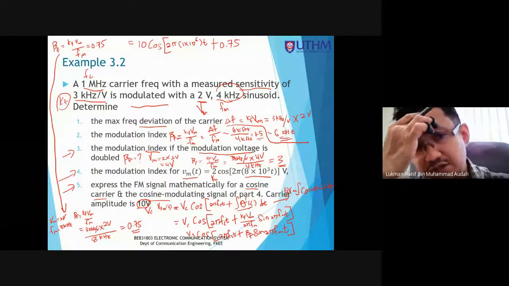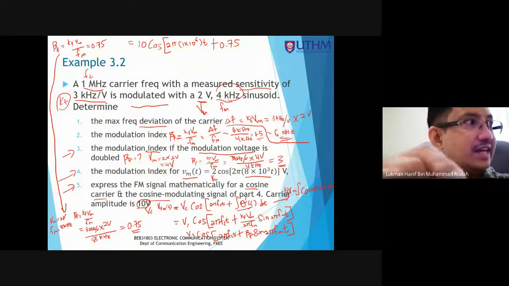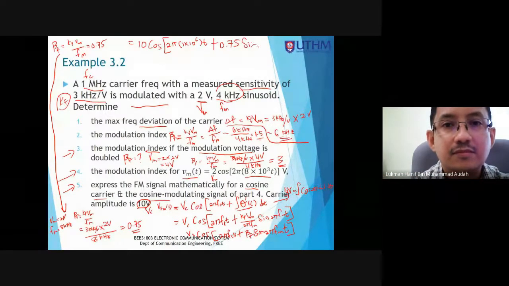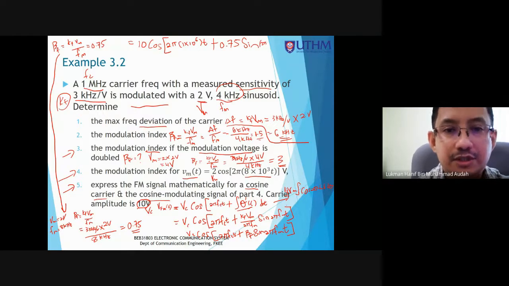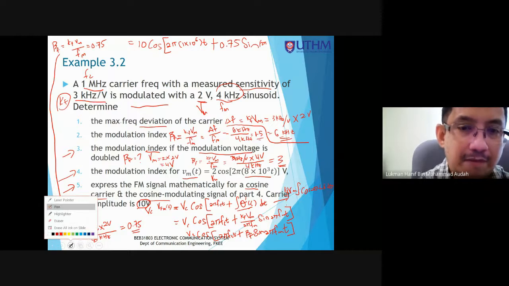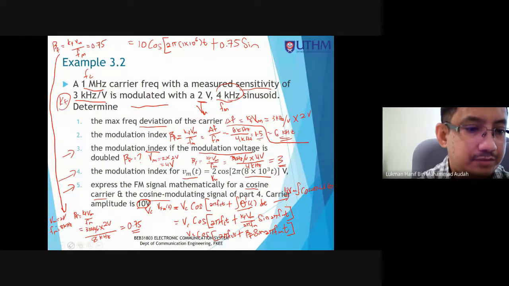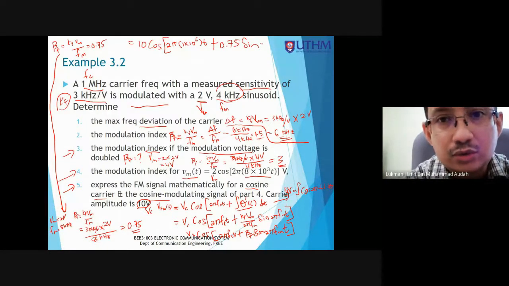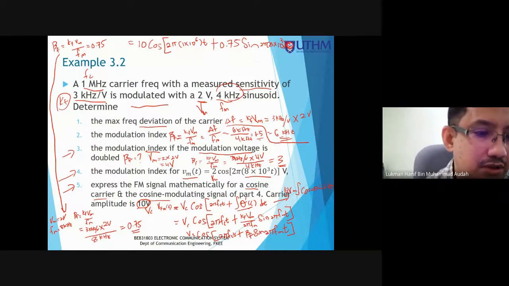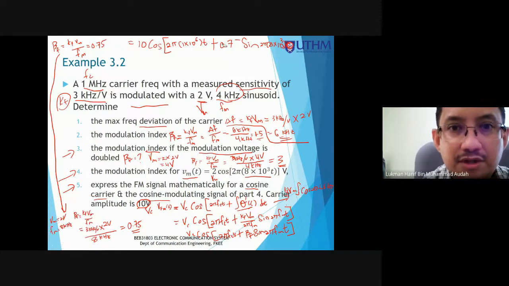Nampak 0.75 sine 2 pi, sorry. Okay. Sine 2 pi, this is 8 kilohertz times 10, and then t over here. Tak nampak, saya buat rendah skala senang ya. Saya padam dulu sekejap.